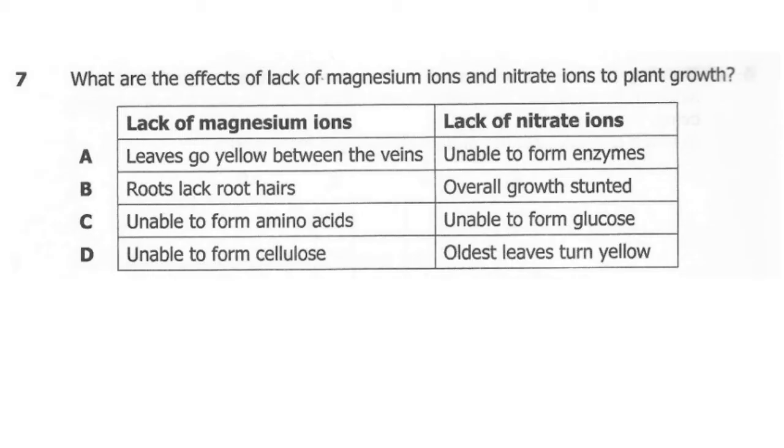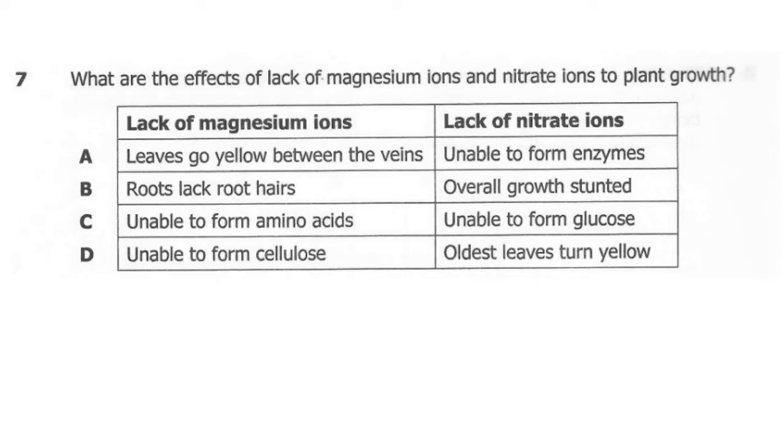Question 7. What are the effects of lack of magnesium ions and nitrate ions on plant growth? A, lack of magnesium ions, leaves go yellow between the veins. Lack of nitrate ions, unable to form enzymes. B, lack of magnesium ions, roots lack root hairs.